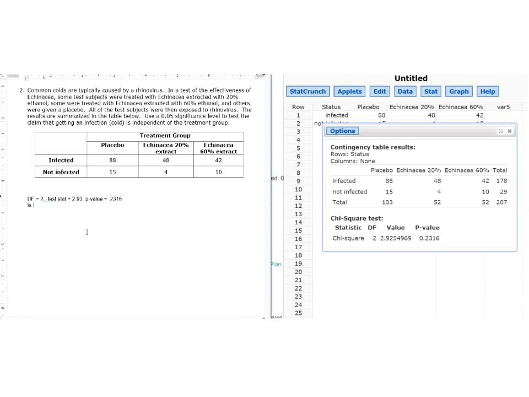So we're asking, is the p-value smaller than 0.05? The answer to that is no, so we're going to have negative conclusions. That means we do not reject the null hypothesis, and there is not sufficient evidence to support the claim.